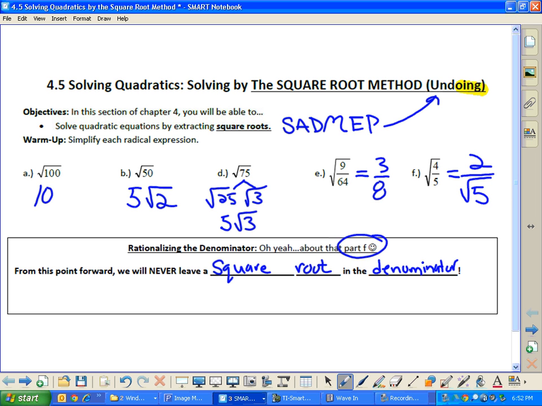So for part F, it's a nice little example for us to talk about. We have 2 over the square root of 5. And I have to show you how to get rid of a radical on the bottom of a fraction. Hannah, do you know?